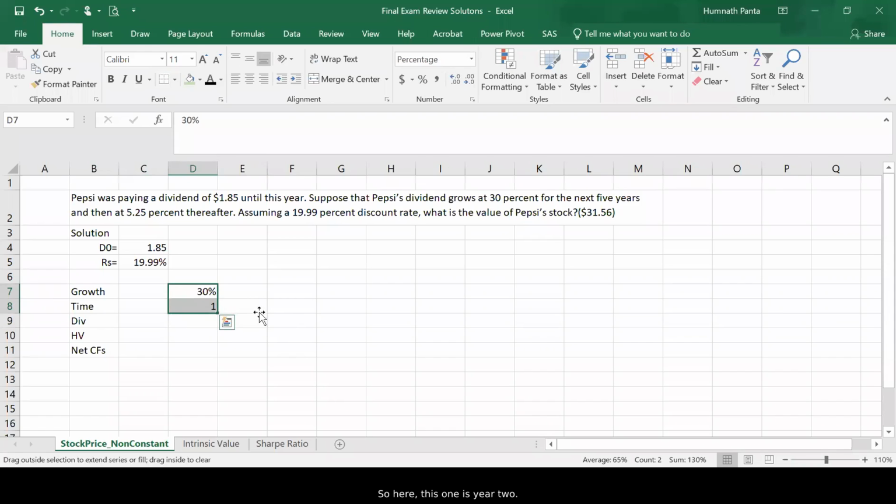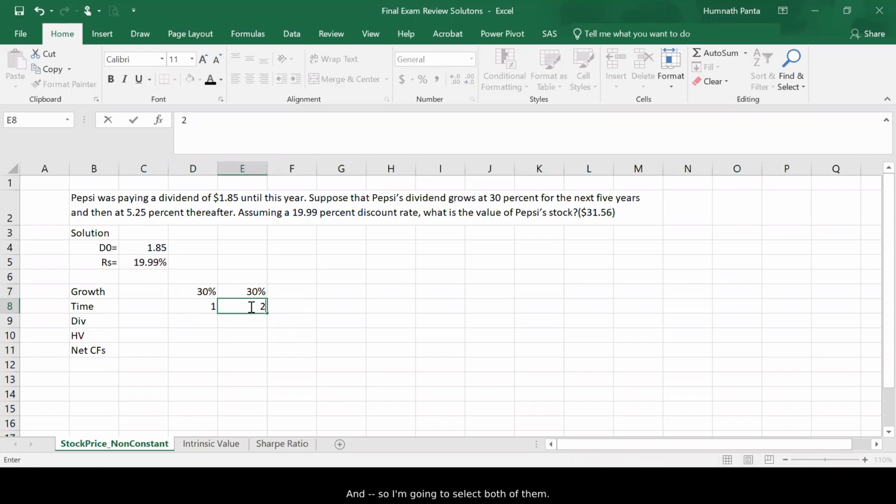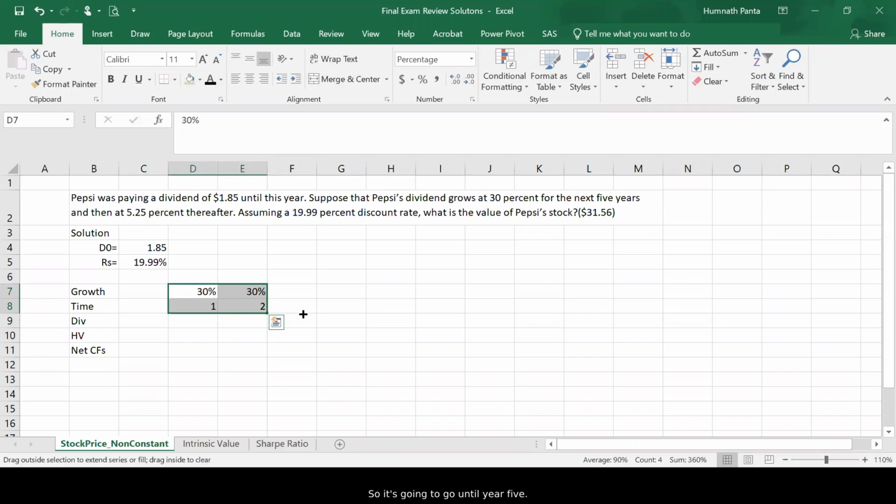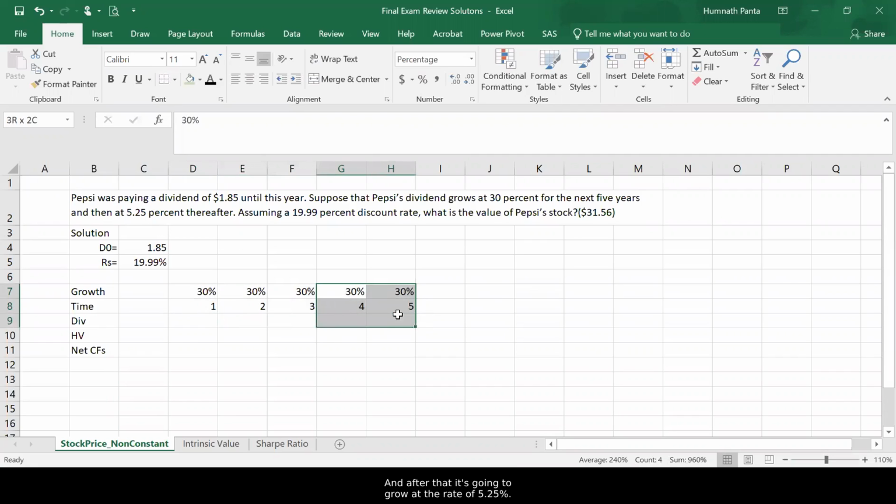So here this one is year 2, and so I'm going to select both of them. So it's going to go until year 5. All right, and after that it's going to grow at the rate of 5.25%.